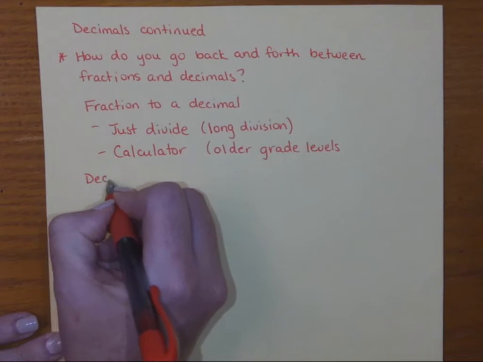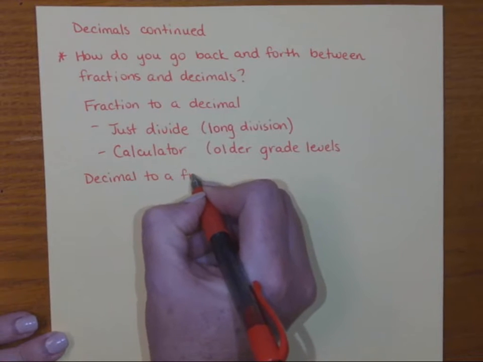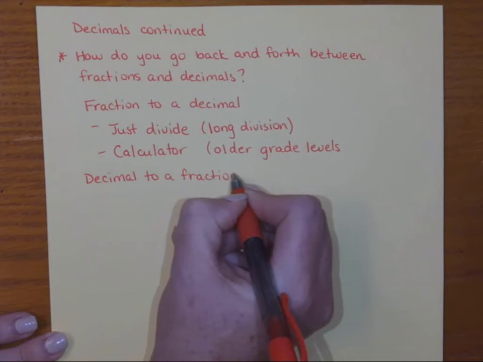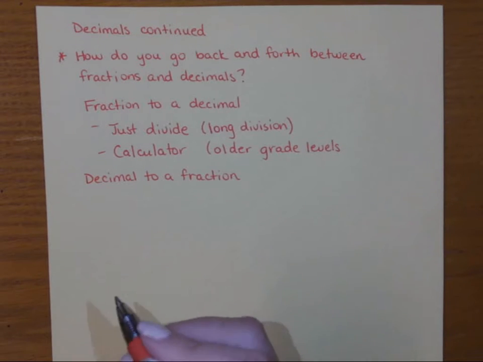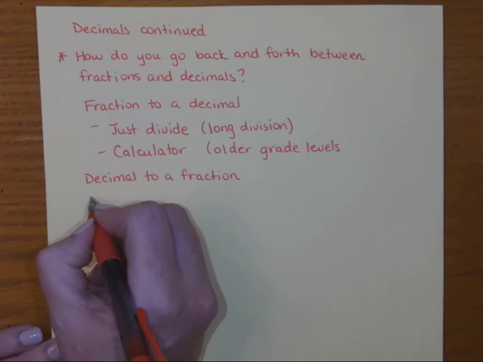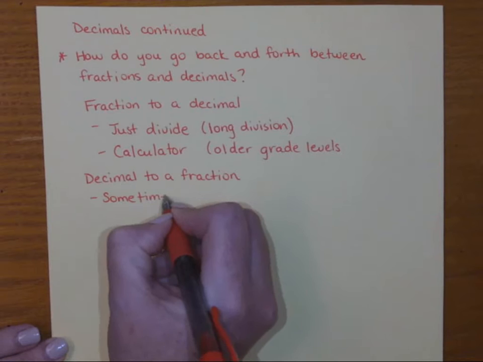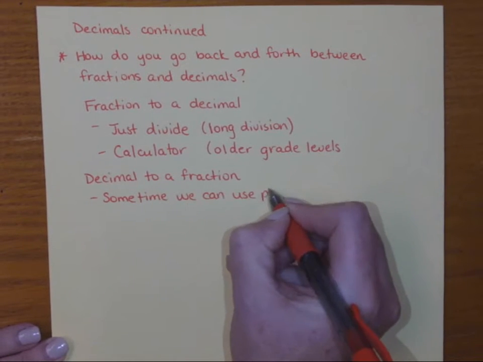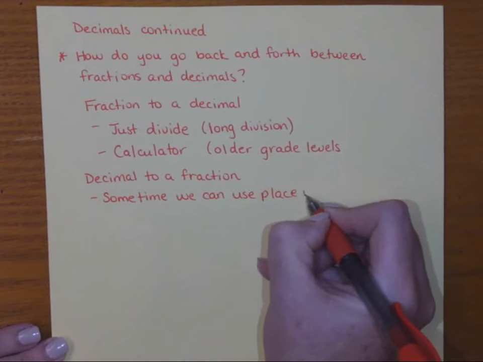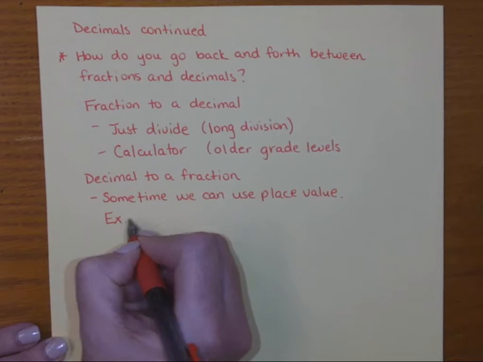But going from a decimal to a fraction can sometimes be a little more challenging. Sometimes we can use place value. It's nice when we can do that. For some of our easiest fractions, we're going to be able to just use place value.